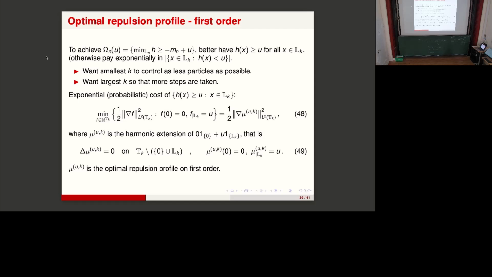This is homogeneous, so it would be u squared. I can take the u out as u squared, because of the square here, and have a 1 here, and then I get the minimal Dirichlet energy for a function that goes from 0 at the root to 1 at the leaves, and that's precisely the discrete version of this capacity that I mentioned before. So this is why this capacity is popping up.